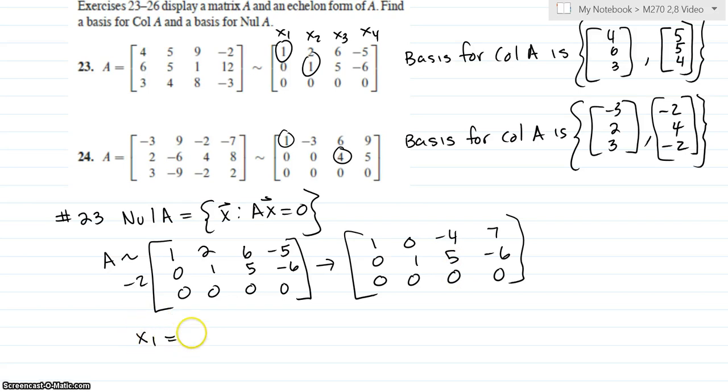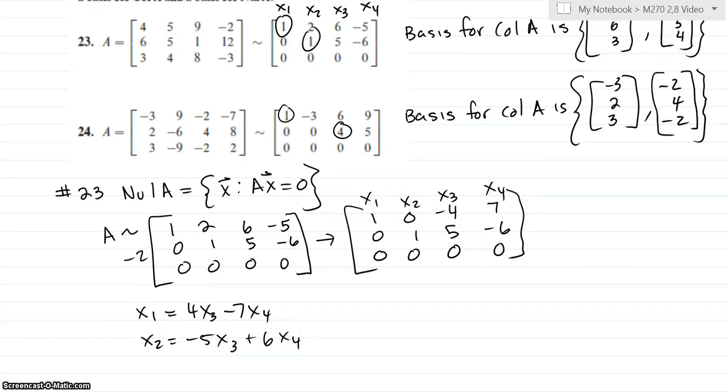So x1 we know is 4x3 minus 7x4, and x2 is equal to -5x3 plus 6x4, because again we're really solving with zeros here.